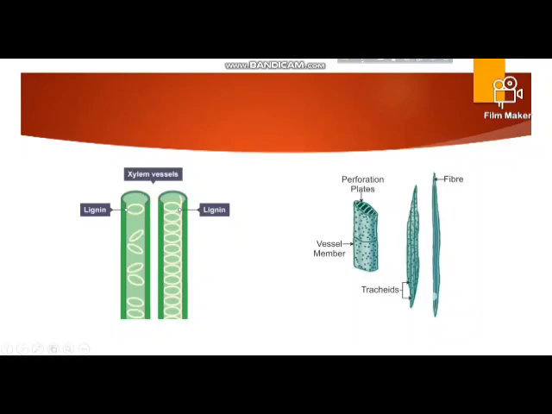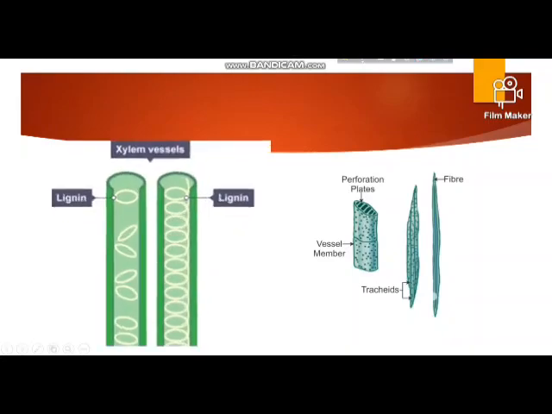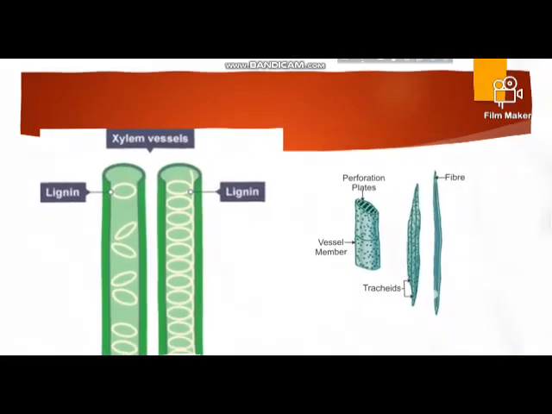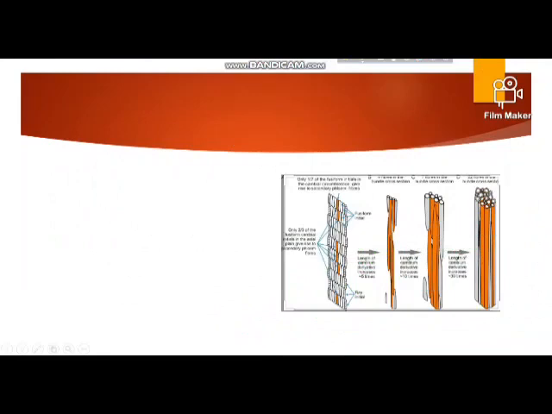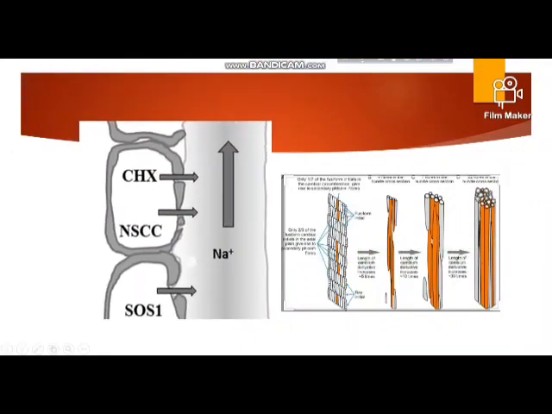Then comes the xylem parenchyma. Since we know that parenchyma tissues are used to store food and other minerals, and xylem is a tissue used for conducting water and minerals, this xylem parenchyma is used in the storage of water, minerals, and also carbohydrates.